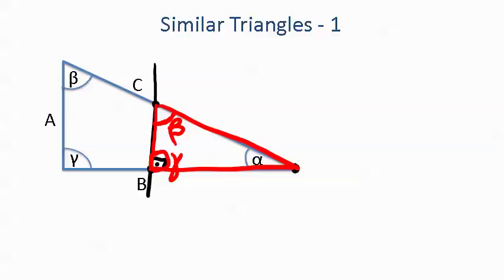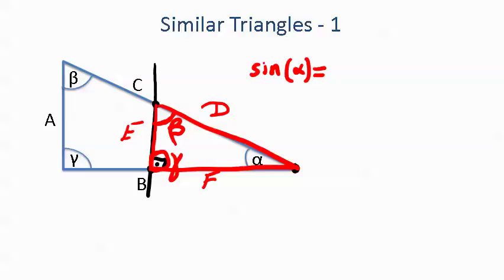Let us now write the law of sines for these triangles. Before we do so, let us define sides for the new triangle. Let's define the hypotenuse for the new triangle to be equal to D, one of the perpendiculars to be equal to E, and the other perpendicular equal to F. So let's find the sine of angle alpha.